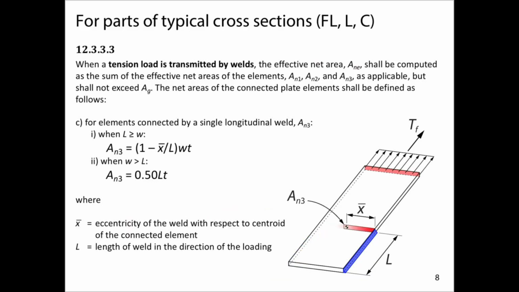From time to time, if you're dealing with outstanding legs on channels and angles, you might also have to deal with this. Again, if we stick with the assumption that the length is going to be at least equal to the width of the plate we're connecting, then we're going to get at least 50% of that leg effective in tension when we're doing our net section calculations.